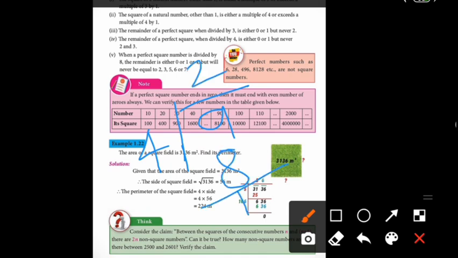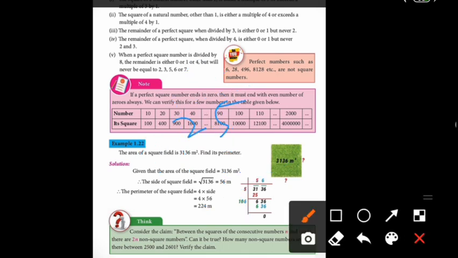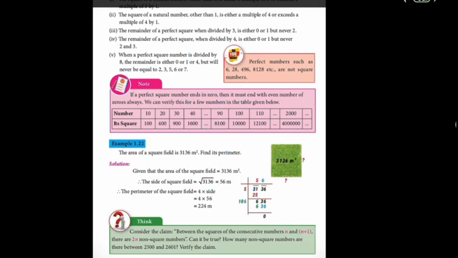Remainder is 1. Let us take 25. 25 divided by 4. Here 6 4s are 24. Remainder is 1. It will never be 2 and 3.